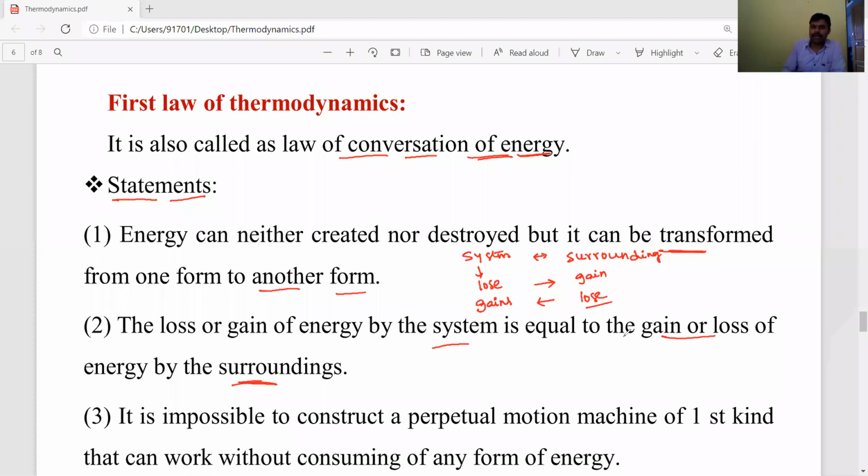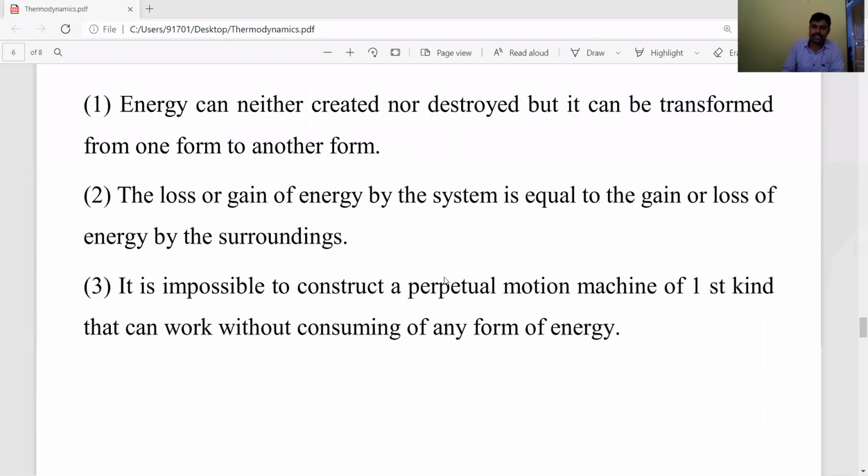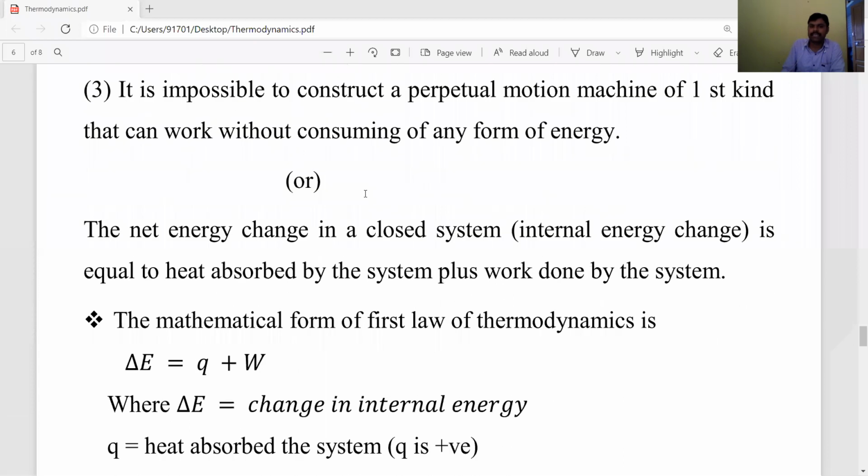And another important definition, the mechanical definition of the first law of thermodynamics: it is impossible to construct a perpetual motion machine of the first kind without consuming any form of energy. It is simple logic, dear students.